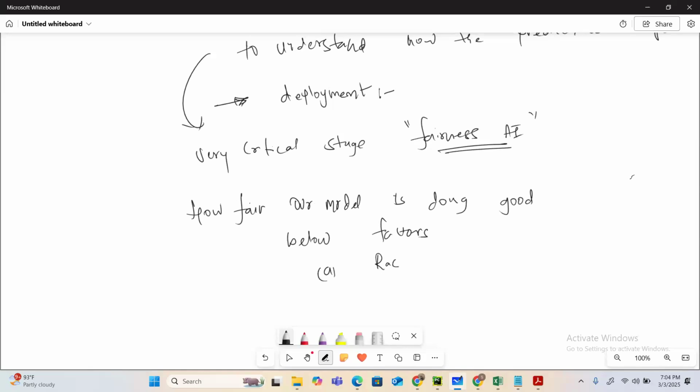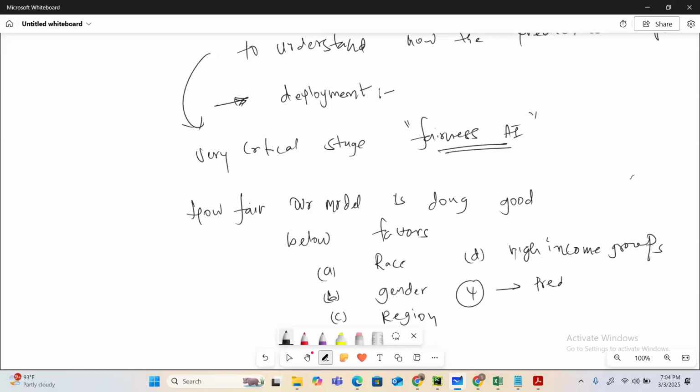A, race. B, gender. C, region. D, high income group. For all these four, your model should predict the same.